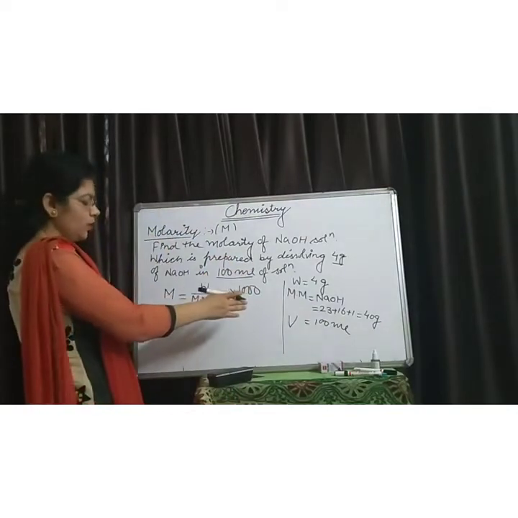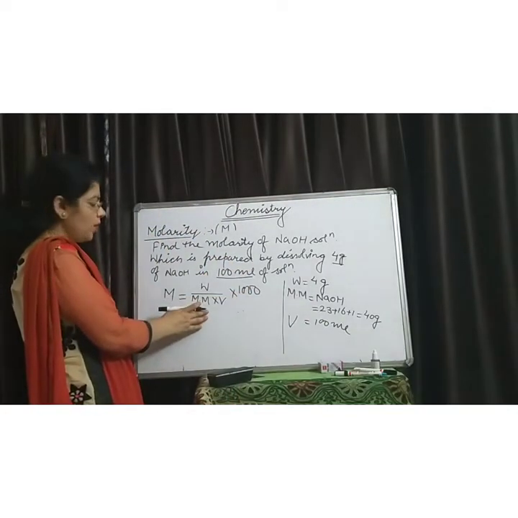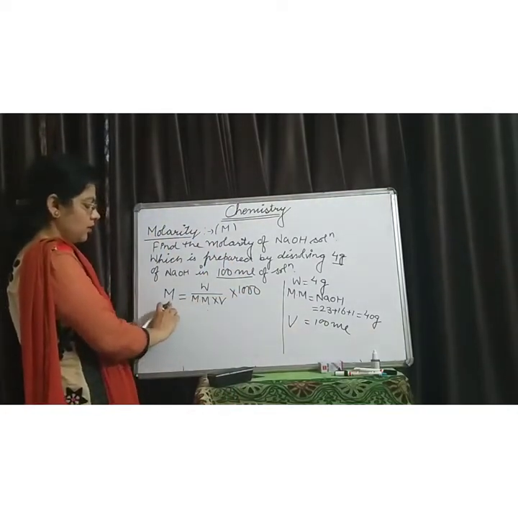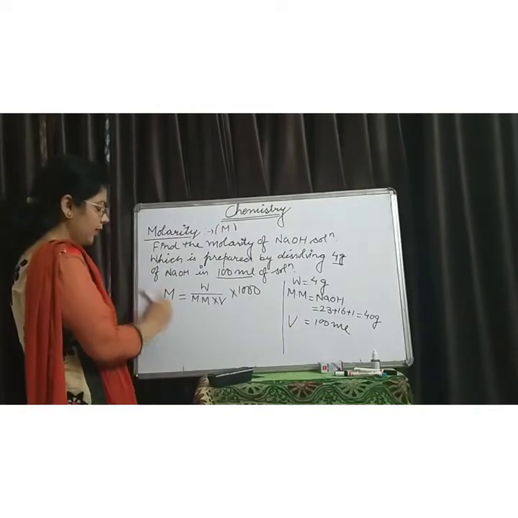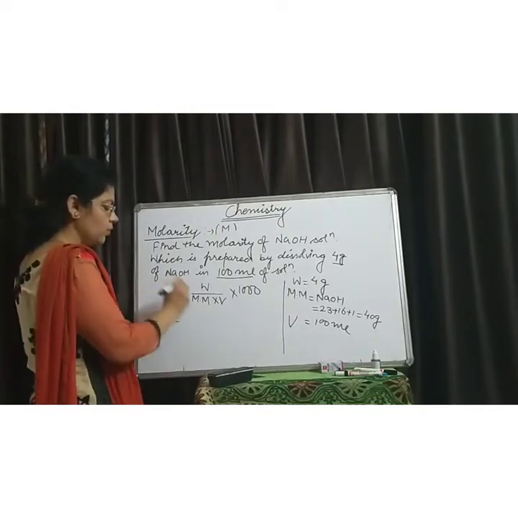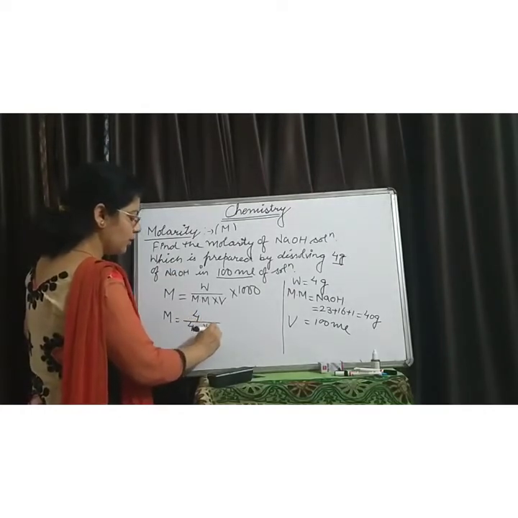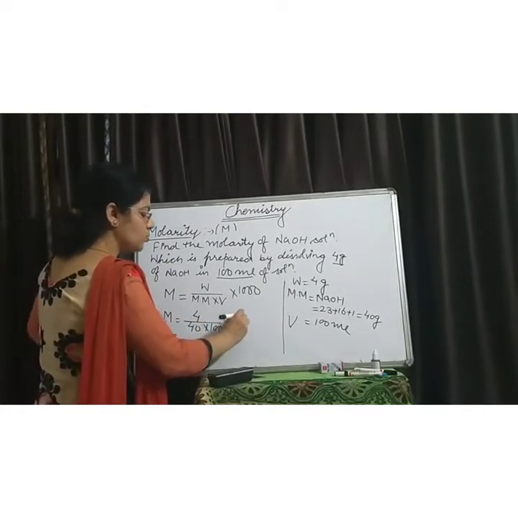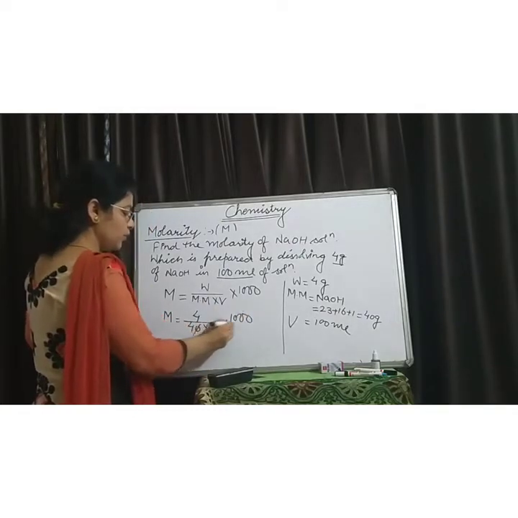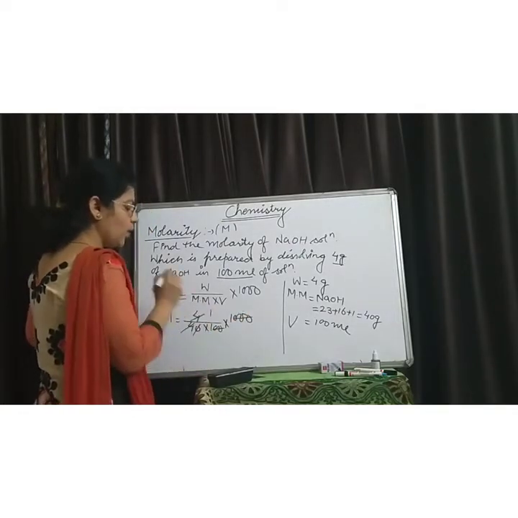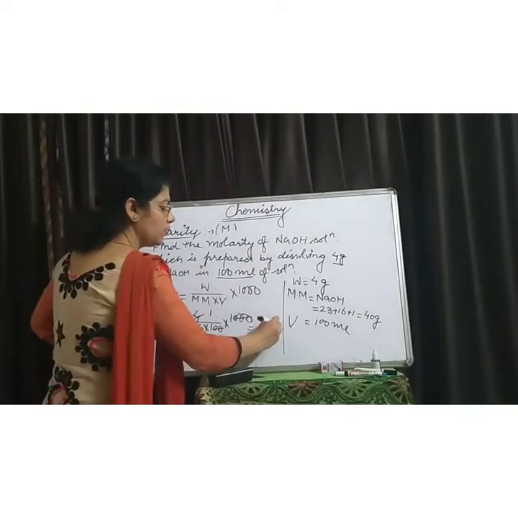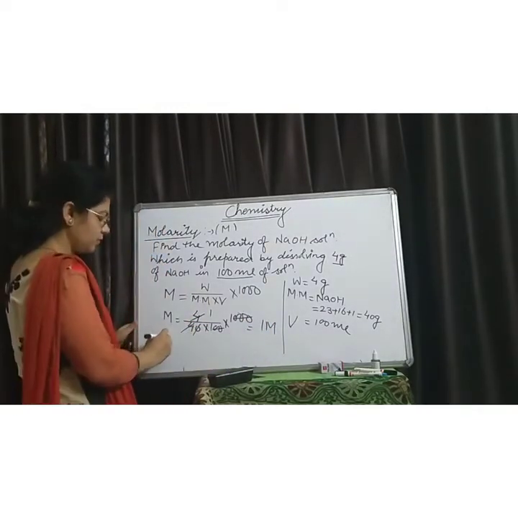Put all these values in this formula and you will get the value of molarity, that is M is equal to 4 upon 40 into 100 multiplied by 1000. It comes out to be 1, or a 1 molar solution.